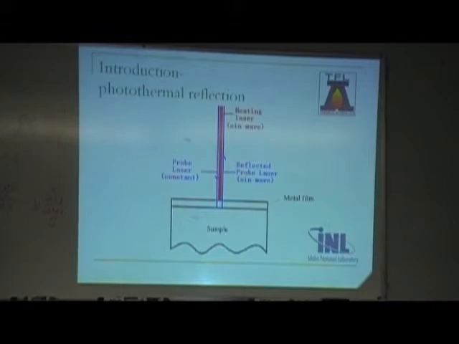What we want to get is the reflective probe laser. Because of the thickness of the film, the sine wave laser will have a phase lag compared with the heating laser, which is also a sine wave. So the phase lag will give us information on the thermal properties of this sample.